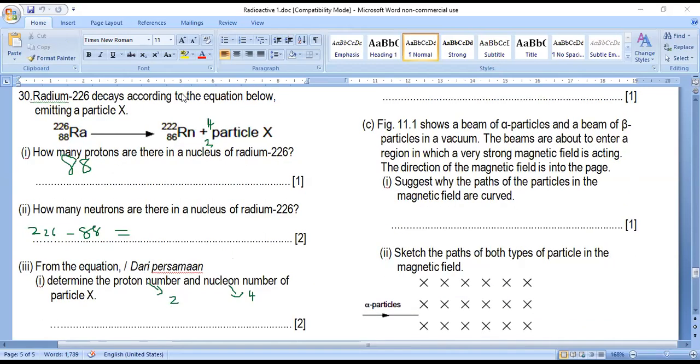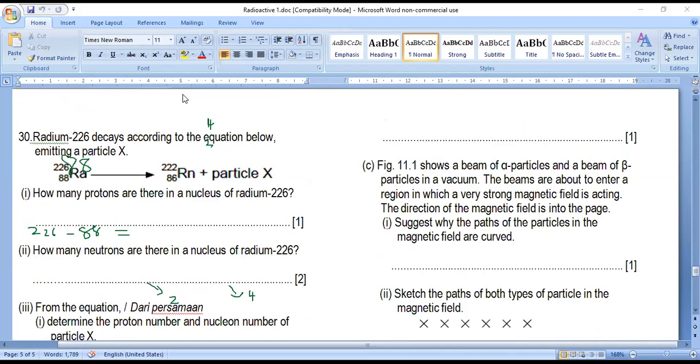Then they say deduce the nature. When they say deduce the nature, that means what is particle X? You don't write that particle X is positively charged. That is a characteristic, not what particle X is. Actually, what is particle X?